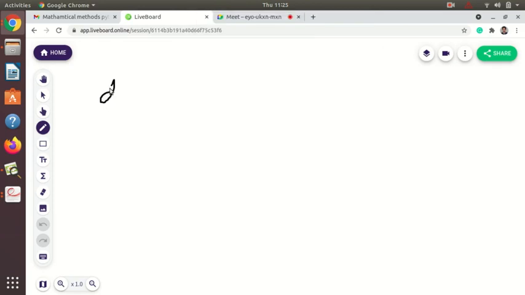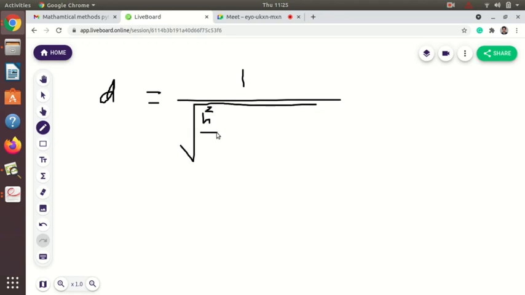First one is d, where d is the interplanar spacing and a is a lattice parameter. I will write the general formula first, then we will deduce it for the cubic structure. d is equal to 1 upon the square root of h square upon a square plus k square upon b square plus l square upon c square.